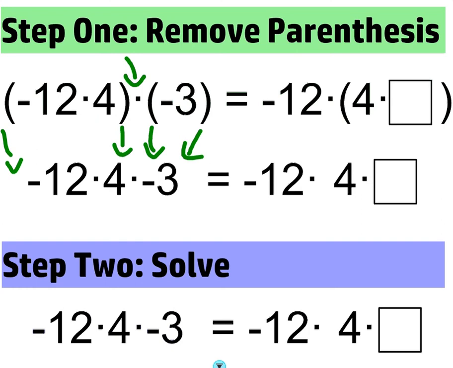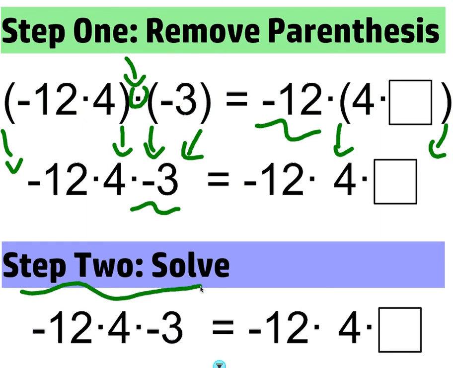Imagine if I didn't do that and I just removed the parentheses, it would say minus 3, and that wouldn't look right. So we need to go ahead and put that multiplication symbol in there. Is equal to negative 12 times, now again we're going to remove the parentheses here, and we can already kind of see what's going to go in that box. So down here for solve, negative 12 times 4 times negative 3 is equal to negative 12 times 4 times, you can go ahead and see exactly what's going to go in that box, which is negative 3.